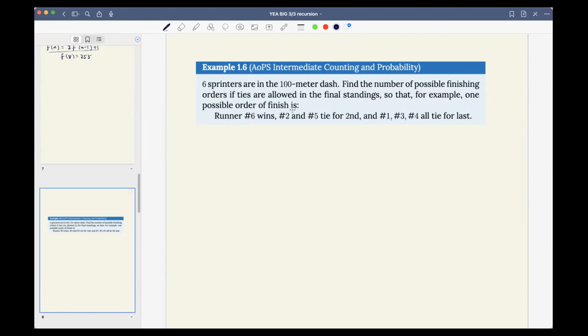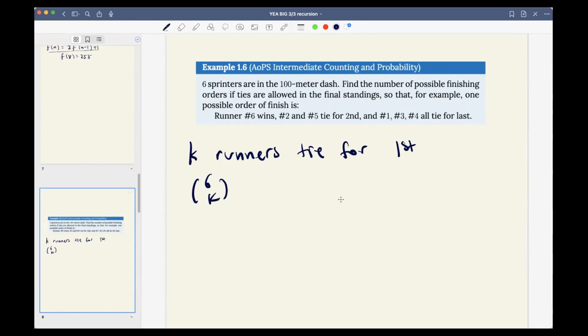If we have 6 sprinters, let's say that we have K runners, all tie for first. So we have K people that tie for first place, and there's 6 choose K ways that you can pick these K people, of course.